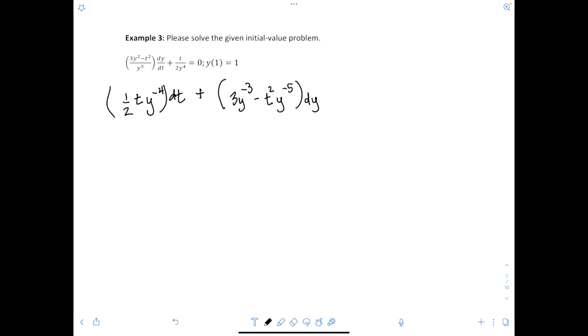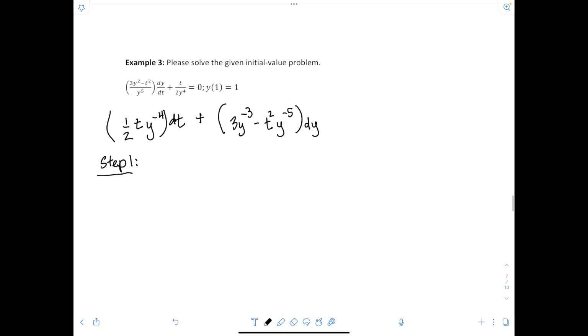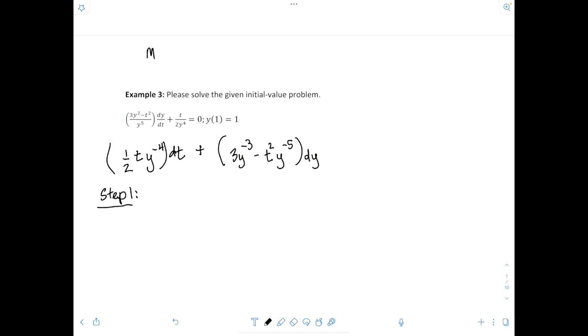Cool, cool? So, all right, step 1, identifying our M as 1/2 t y to the negative 4. And remember that that's the same in this case as df/dt.